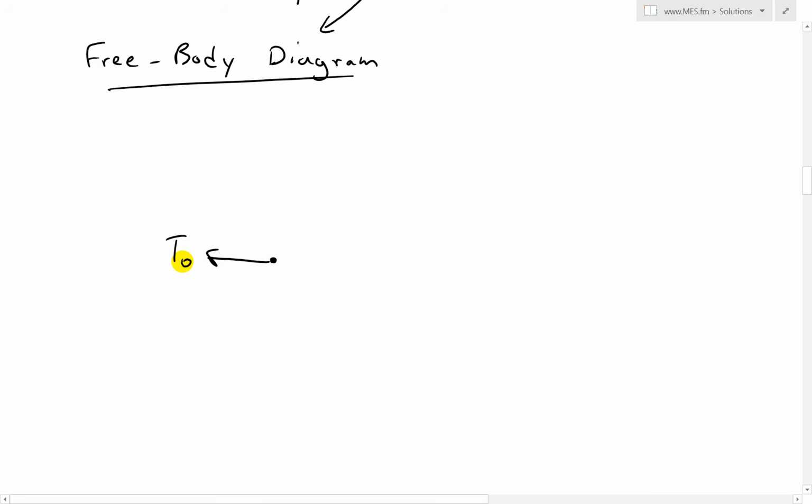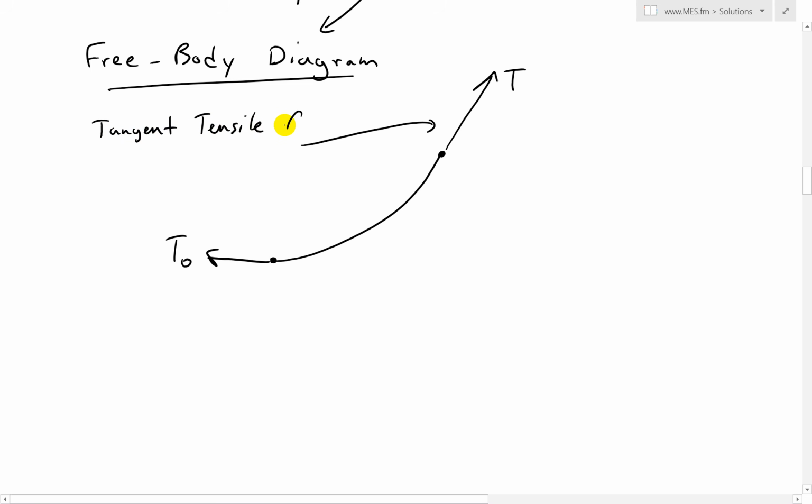We'll call this T0, the tension at that low point, and it's going to be perfectly horizontal. And now here's the rest of the chain like this, and we're going to assume this is a tangent force, a tensile force pulling that cable.